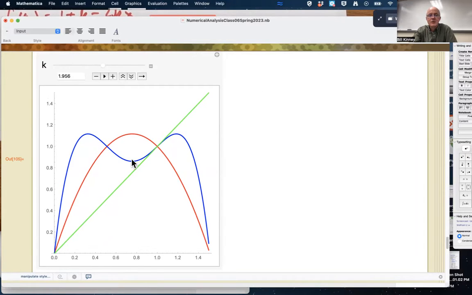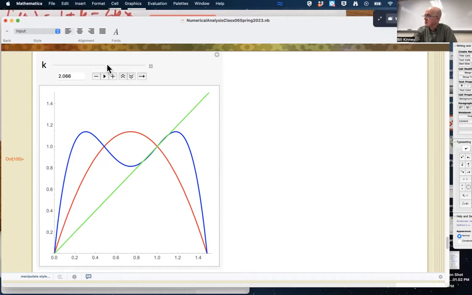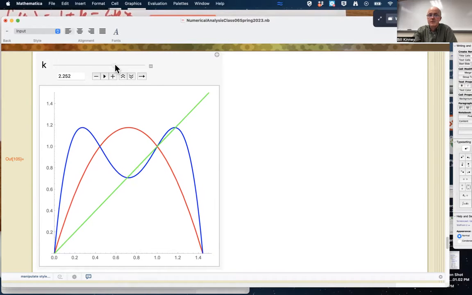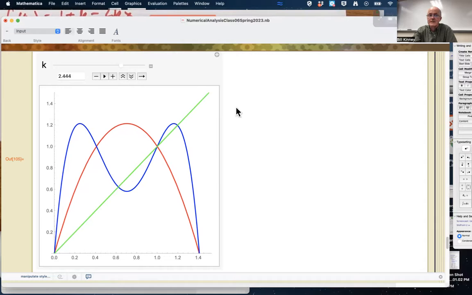We've gone from having 2 fixed points for both of them when k is just less than 2 to now having 4 fixed points for the blue one. These two here, watch where my cursor is, and here correspond to the period 2 point of the red graph, f. As k continues to increase, they get further and further apart, but you still have those 4 points.